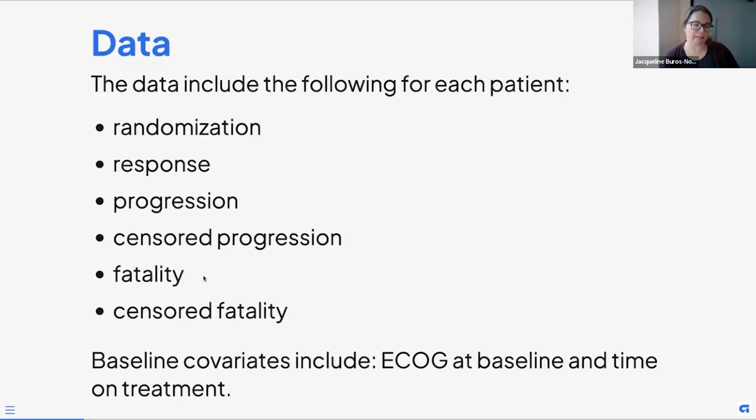And in the original analysis, these two censoring events were treated as states. They were not treated as the absence of a state. And in addition, we have two baseline covariates, ECOG and time on treatment.